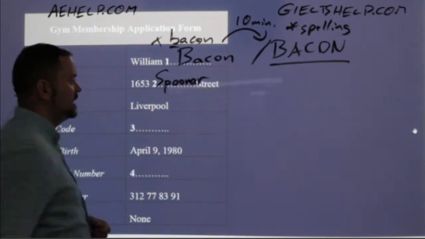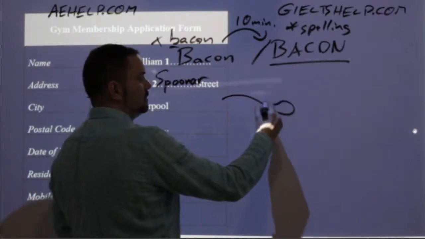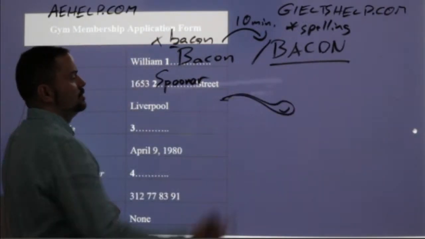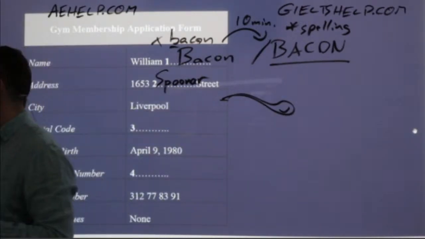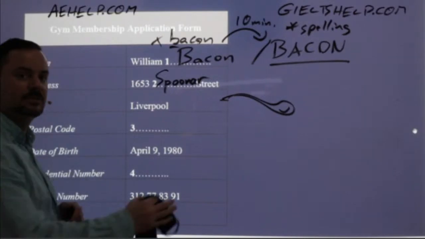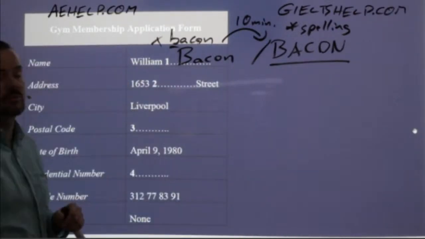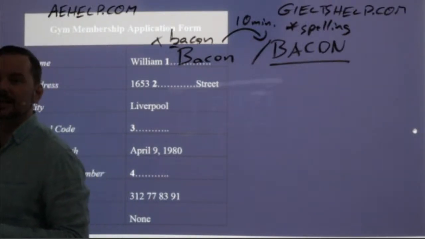Spoonar Street, S-P-O-O-N, like spoon, right? Like a spoon. Okay, and it's Spoonar, S-P-O-O-N-A-R, Spoonar. Very good. Okay, lots of you got that. Fantastic. Names are what's called proper nouns. Know your proper nouns. Make sure to capitalize them.